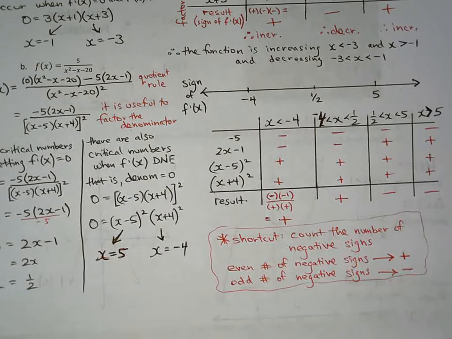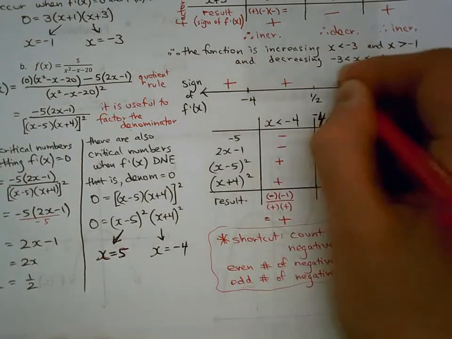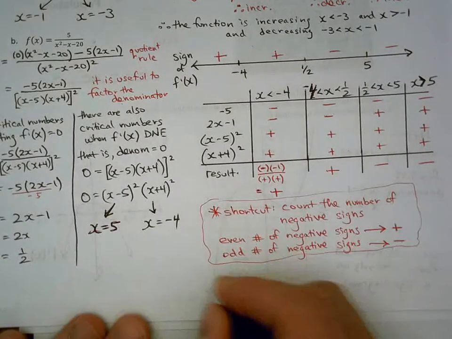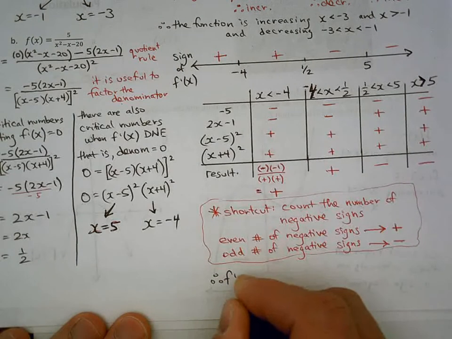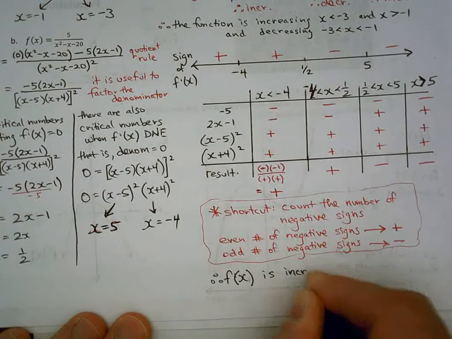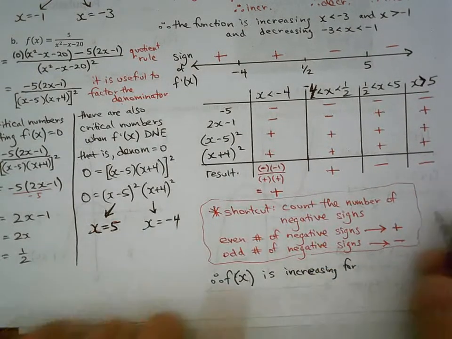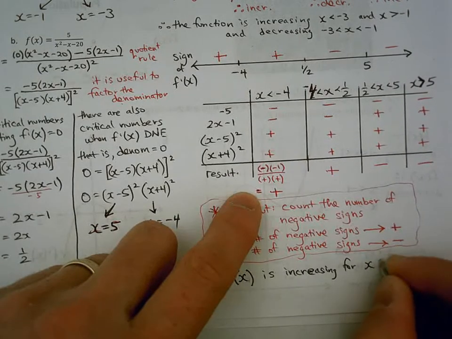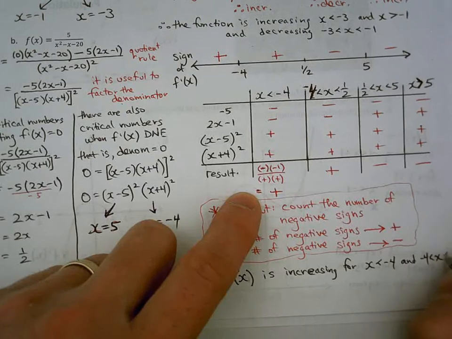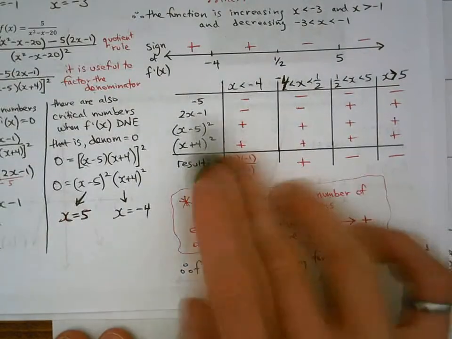So now I can go and label my sign diagram up here. I have regions that are plus, plus, minus, and minus. Therefore, the original function f of x is increasing for x less than negative 4 and x between negative 4 and half, because those are the two regions where my derivative is positive.